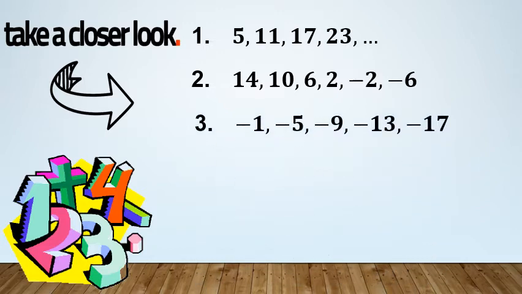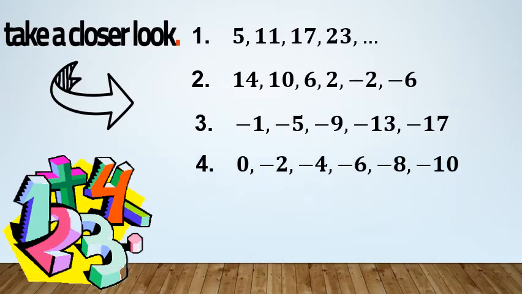Number 3. Tingnan ng mabuti. We have negative 1, negative 5, negative 9, negative 13, negative 17. Paano nakuha ang pattern? Okay. Nag-add tayo ng negative 4 para makuha ang next term.